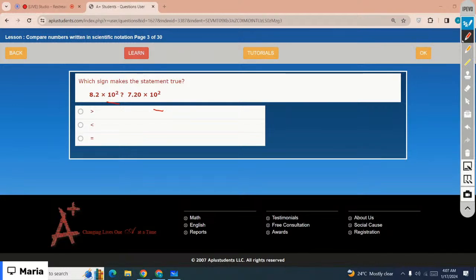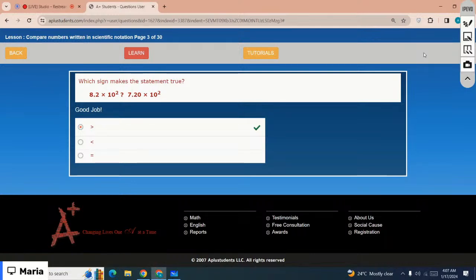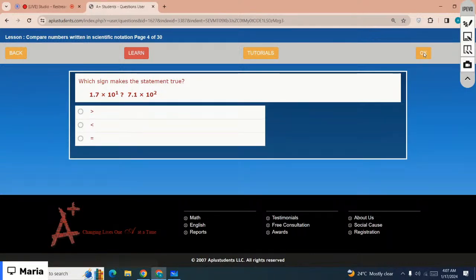Just write greater or less. They have the same exponents, so just compare the numbers. 8 is greater than 7. That means 8.2 times 10 exponent 2 is greater than 7.2 times 10 exponent 2. The correct option is greater, that is option number 1.